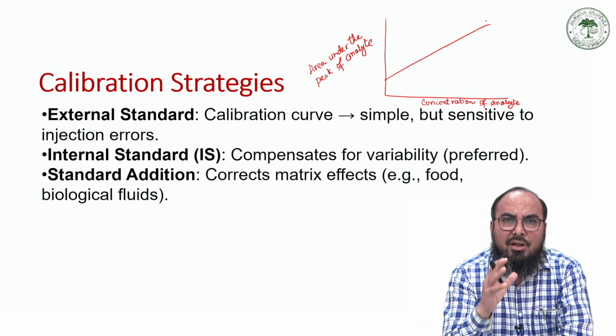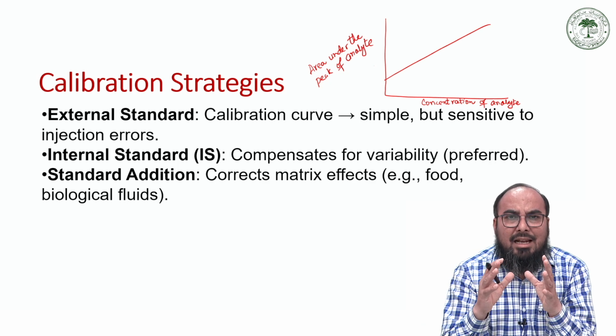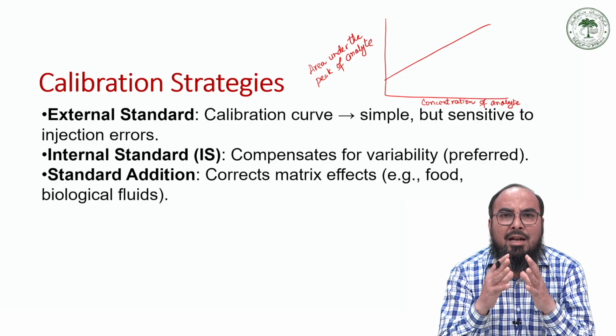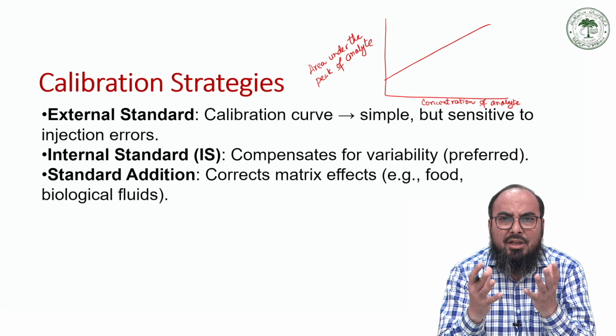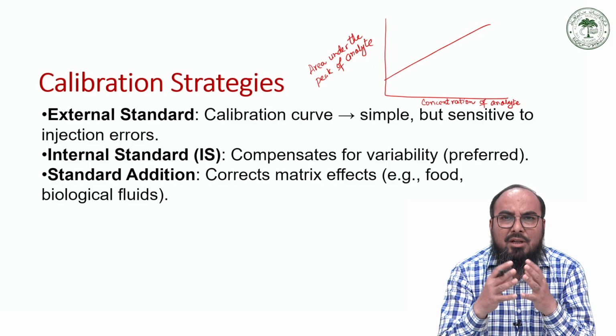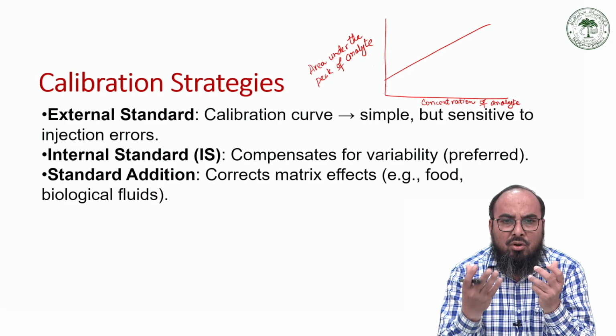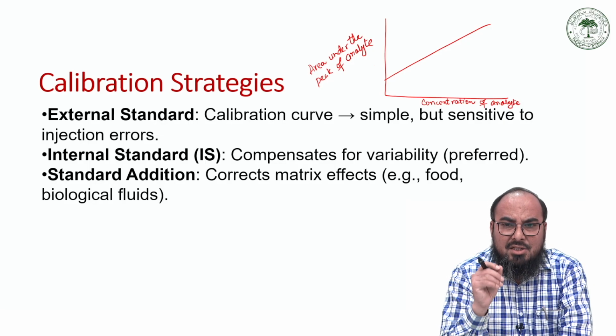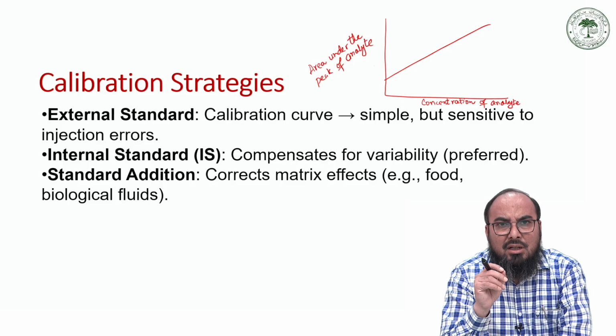The importance of plotting this calibration plot is that now you can find the concentration of the unknown analyte present in your sample. That is the beauty of this, that you can actually get the concentration of the unknown sample. Similarly, this calibration plot is very simple and it is also very sensitive with regard to injection issues.